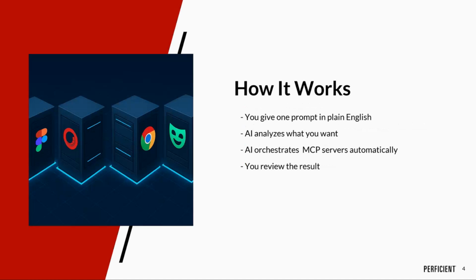So how does it work? It's pretty simple. You give whatever tool you're using a prompt describing what you want, and that tool decides which MCP server to use. You don't have to say, go to this MCP server and call this function, and be all that specific. That's not the goal here.